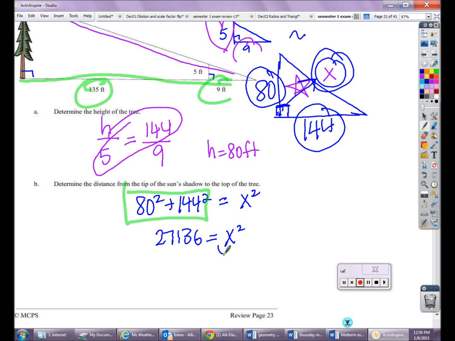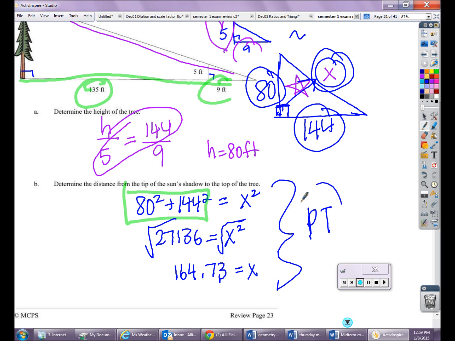To get rid of a square, you square root. The square root of 27,136 is 164.73. Right. So what we just used was Pythagorean theorem, and you can only use Pythagorean theorem on right triangles.